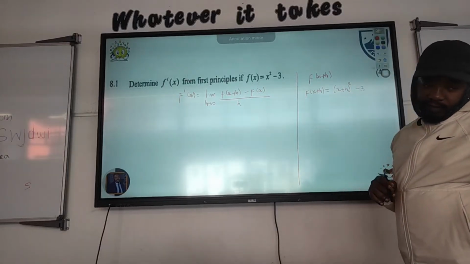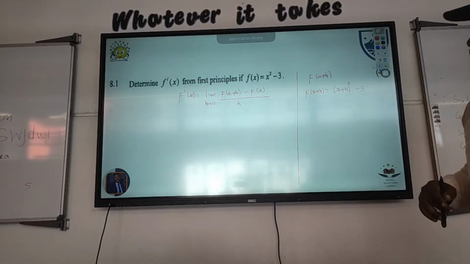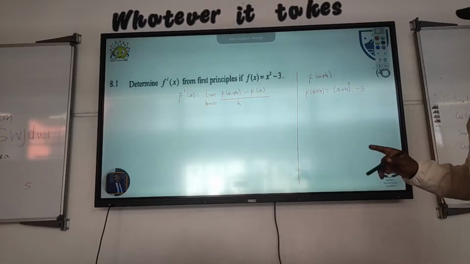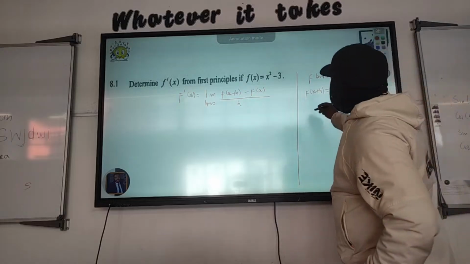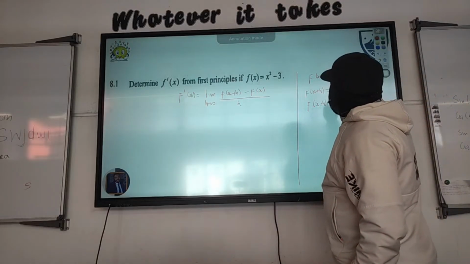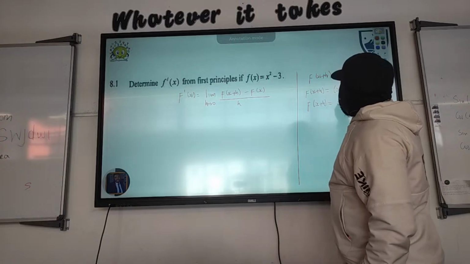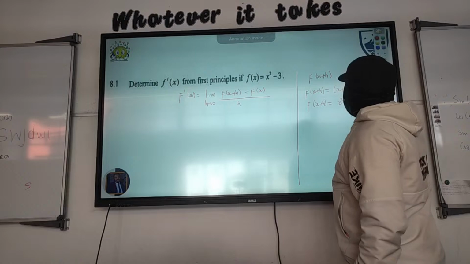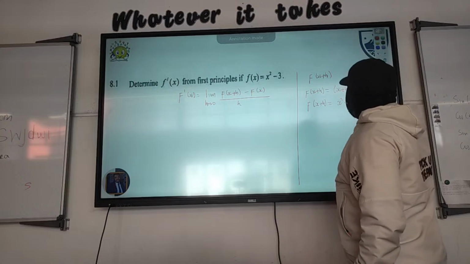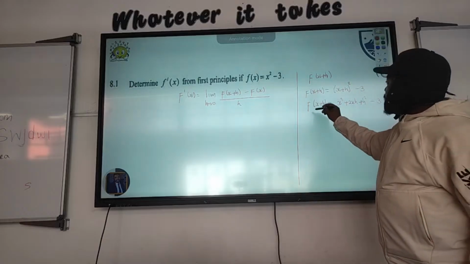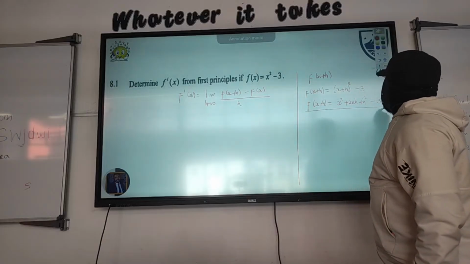Don't forget that minus 3. Then you simplify just before you go and substitute. This will be x squared plus 2xh plus h squared and then minus 3. This is our f at x plus h.